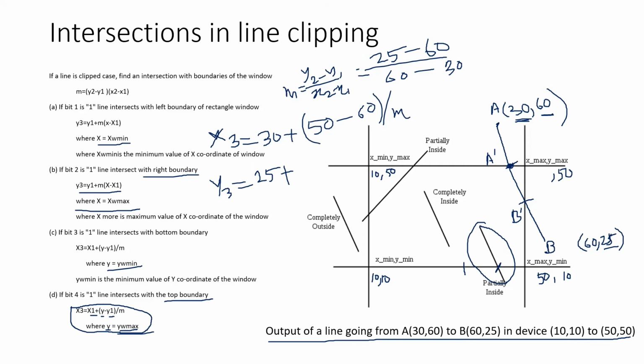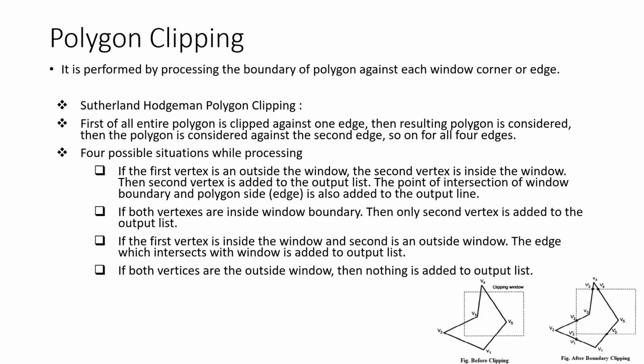Next we are going to discuss the polygon clipping. Sutherland Hodgman is a polygon clipping algorithm, but before that we need to understand what a polygon clipping algorithm is and how it works. It actually works on the basis of that particular line clipping algorithm.